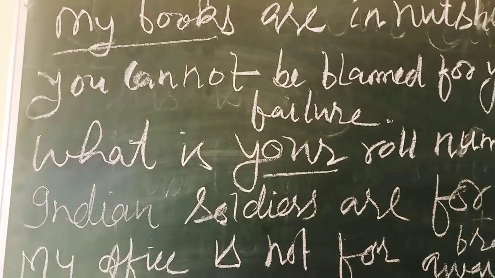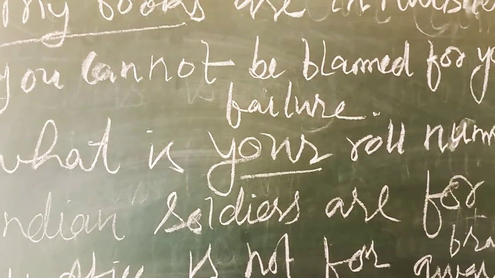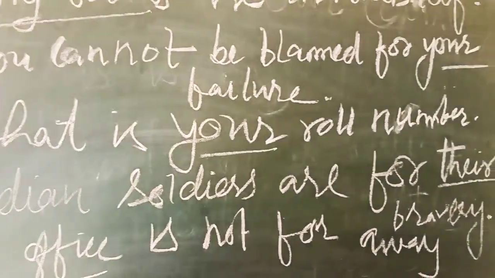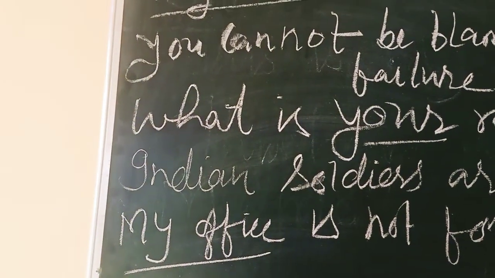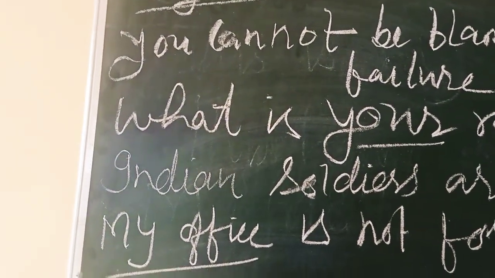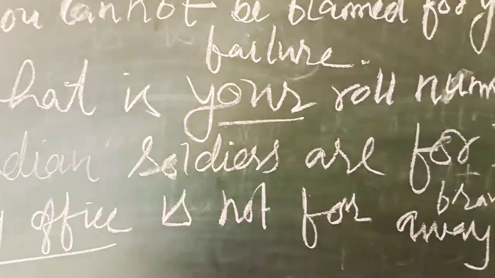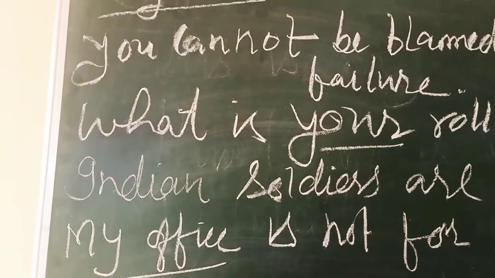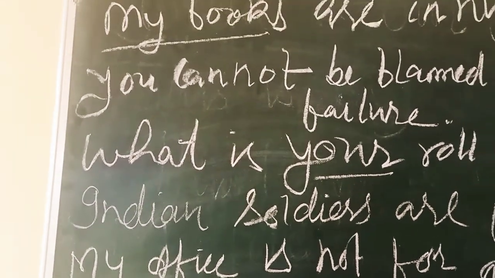The next one is: what is your roll number? आपका, pointing to someone. Indian soldiers are known for their bravery, right? The next one is: my office is not far away. We can add something to it: my office is not far away from my house.